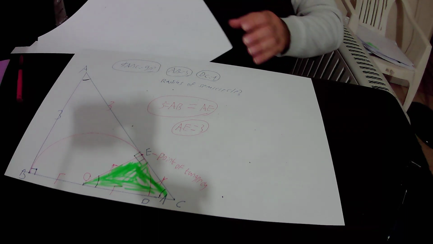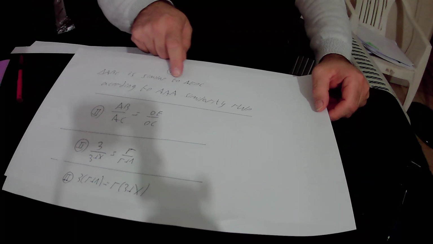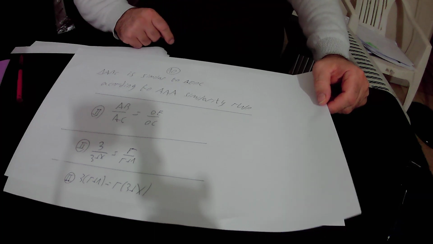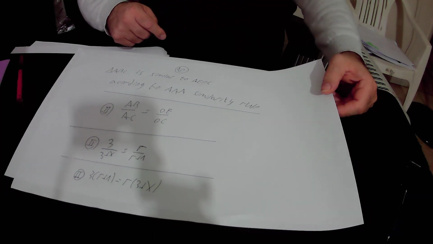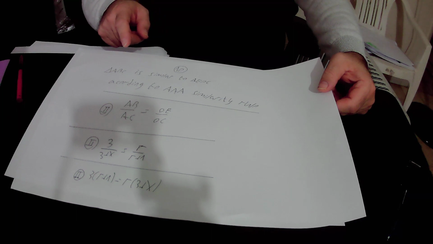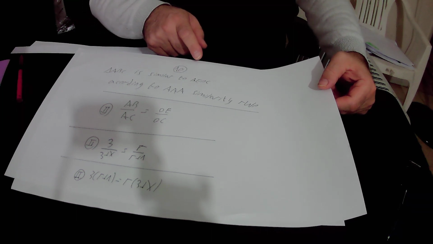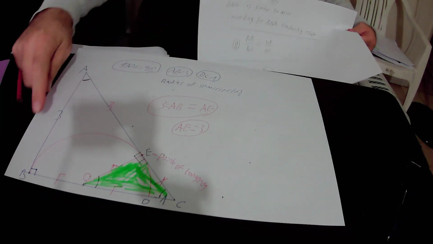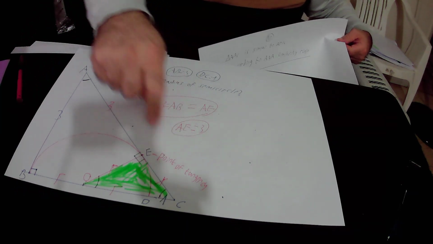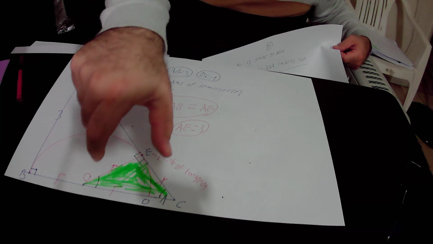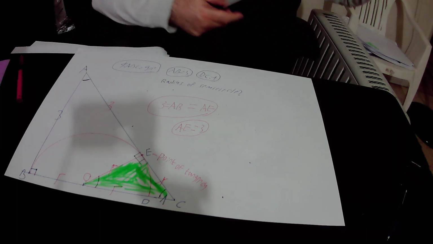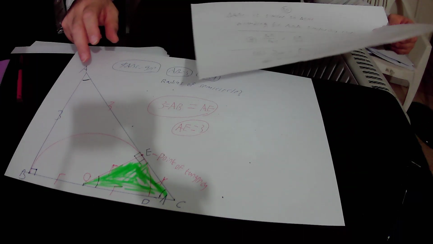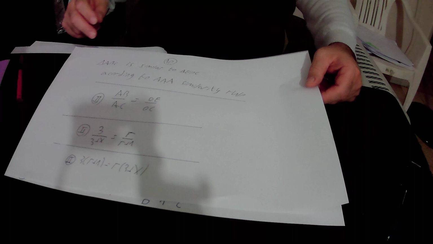Therefore, triangle ABC is similar to triangle OEC according to the angle similarity rule. From this we can derive that AB over AC equals OE over OC, because the triangles are similar to each other.